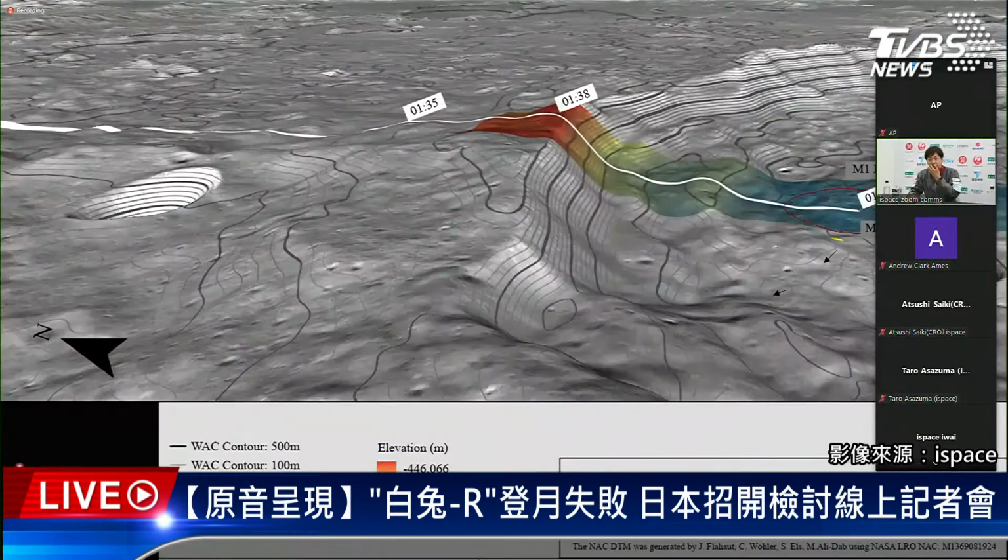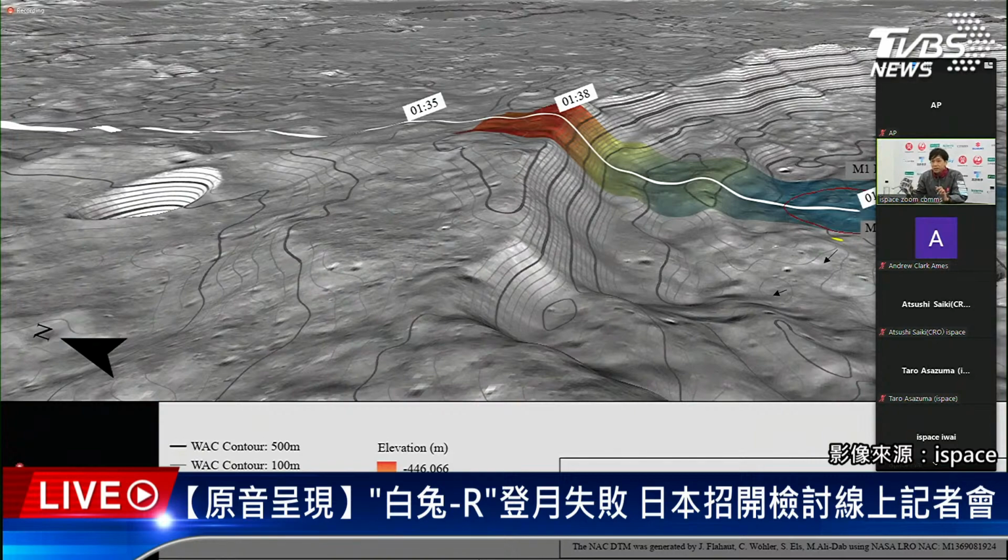Here, this is like a 3D map of the trajectory and terrain information. Here again, the white line is a projection of our landing trajectory. Here our lander flew over the rim of the crater. At the rim, you can identify a really steep altitude change.